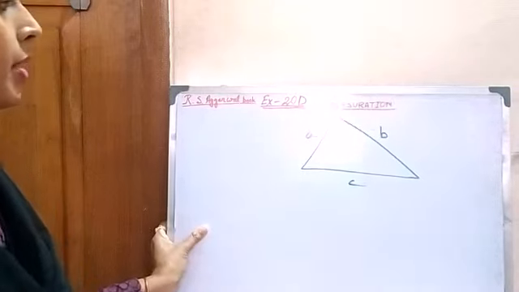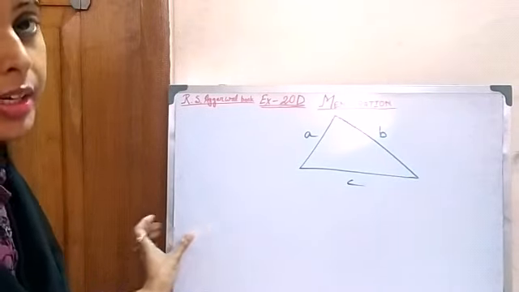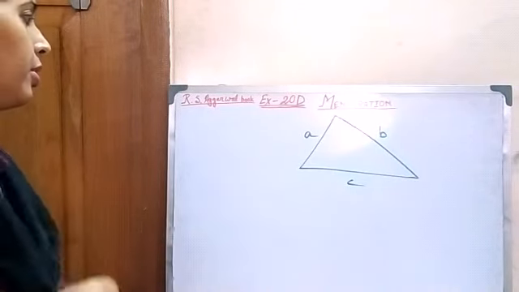This is A, B and C. These three sides are unequal.